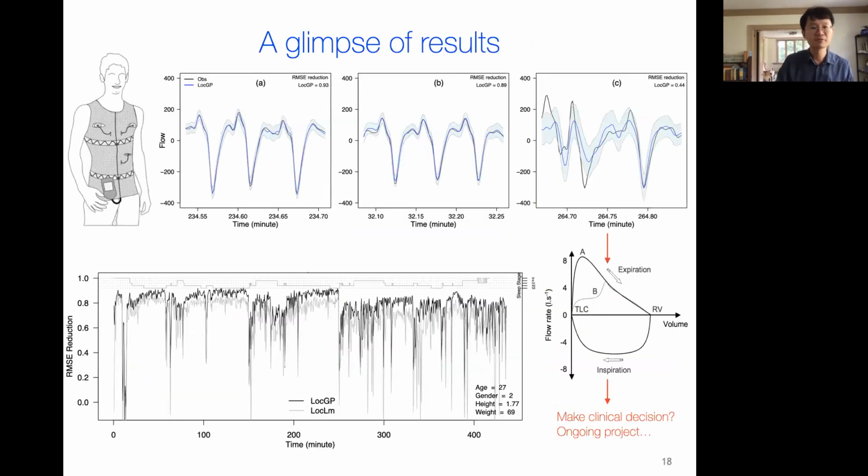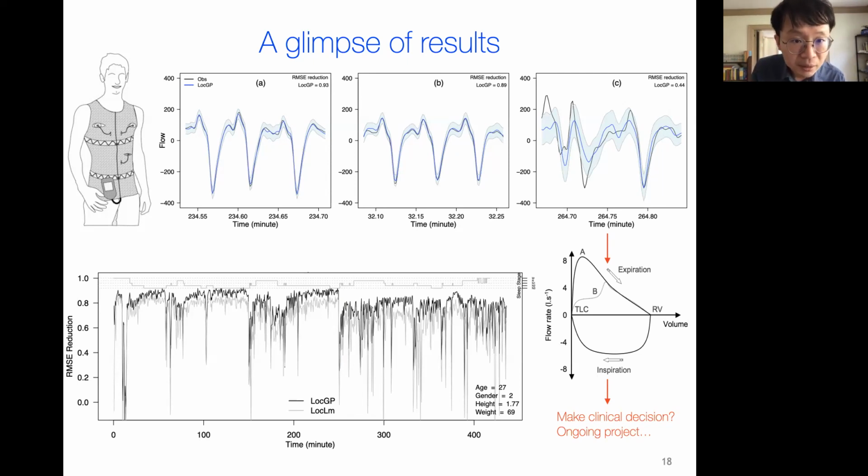And a glimpse of the final results for this airflow signal recovery is the following. For A, B, and C on the top, I show you 3 different segments of the signals where the original airflow signal quality varies. For example, in A, the airflow signal is good, and you can see that the recovery is quite good.